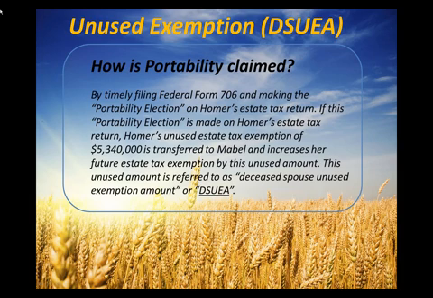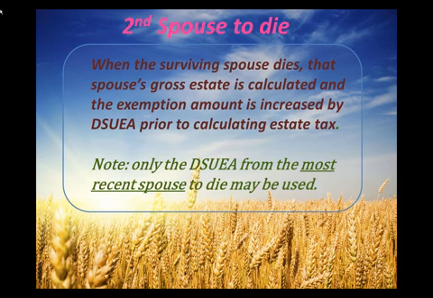And here again, this unused amount is referred to as the deceased spouse unused exemption amount, or DSUE. And you note you have to timely file a federal Form 706 in order to claim portability.